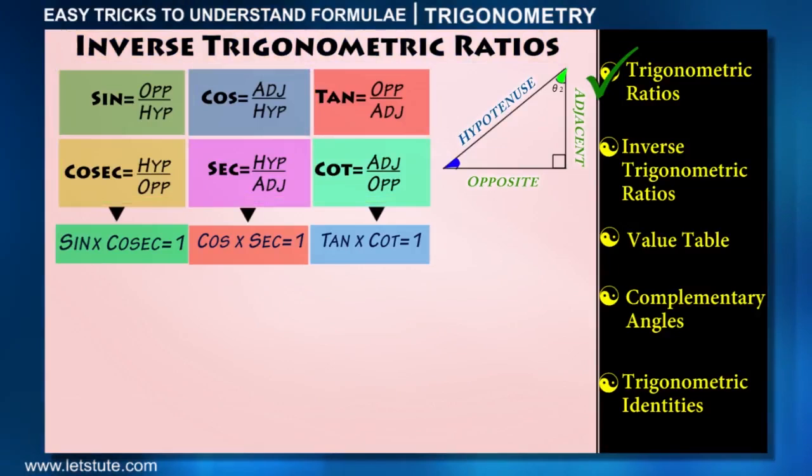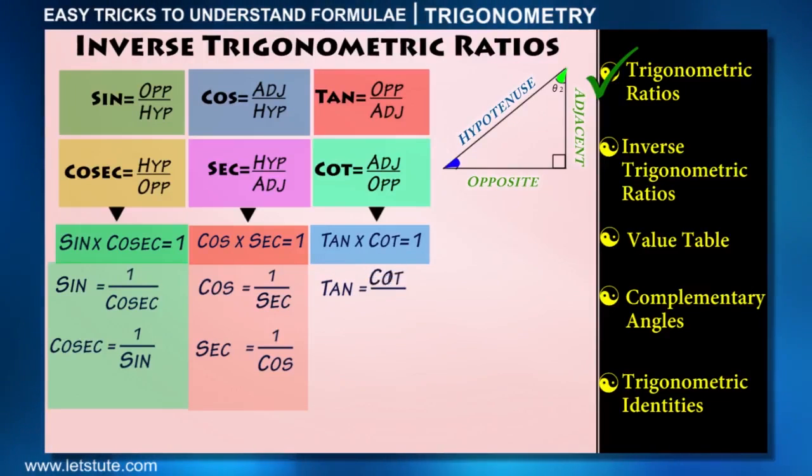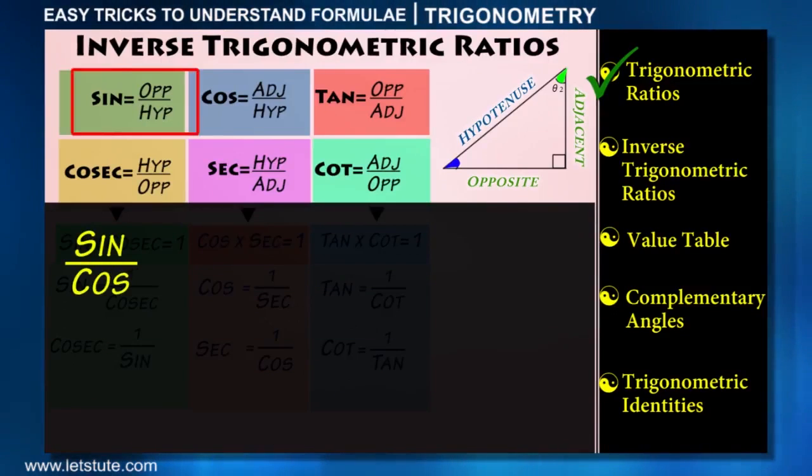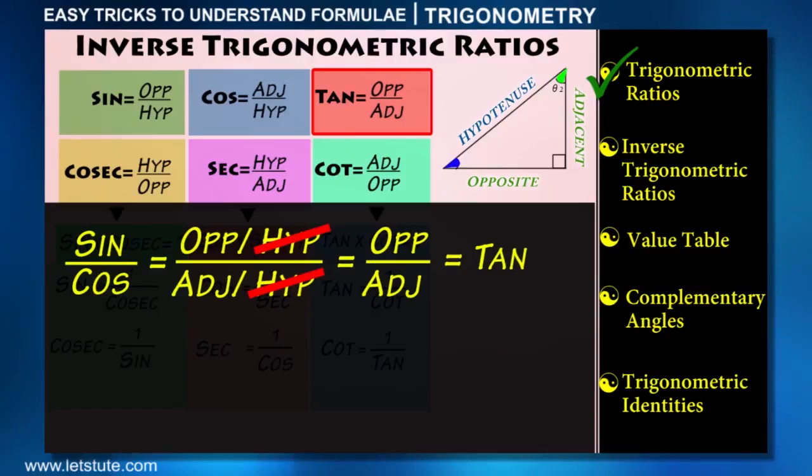So, further we write sine as 1 upon cosec, or cosec is equal to 1 upon sine. Same way, cos is equal to 1 upon sec, and sec is equal to 1 upon cos. And tan is equal to 1 upon cot, cot is equal to 1 upon tan. Now, if we take the ratio of sine and cos, we get the same ratio as tan.